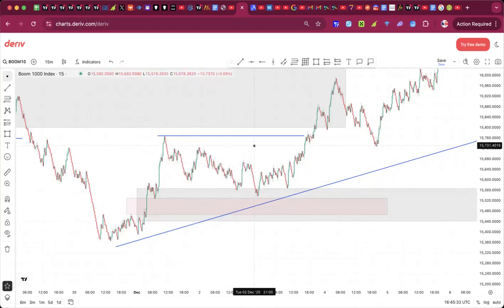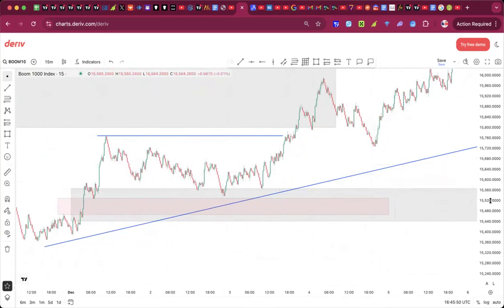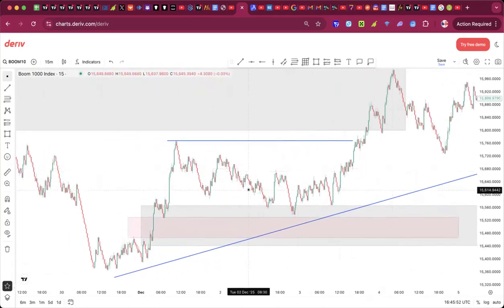Now, most times, I always love to see the market, because if you look at it here, yes, this is a sweep of liquidity. Then we have another liquidity here. So this liquidity was not swept, but this was swept. Okay?